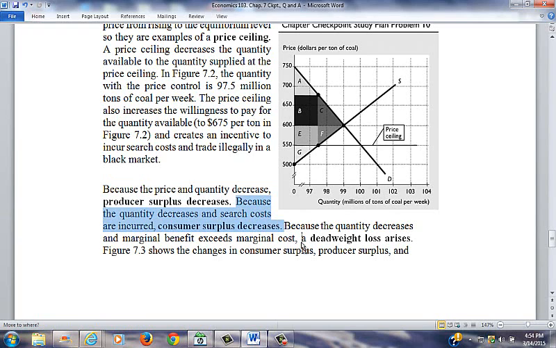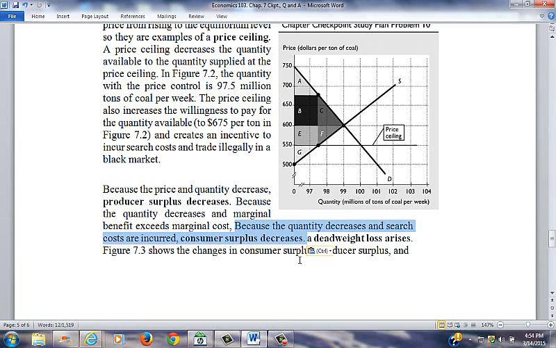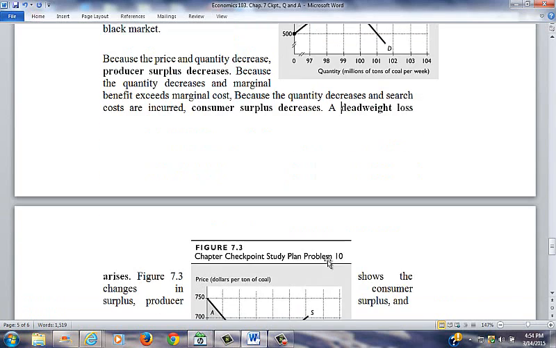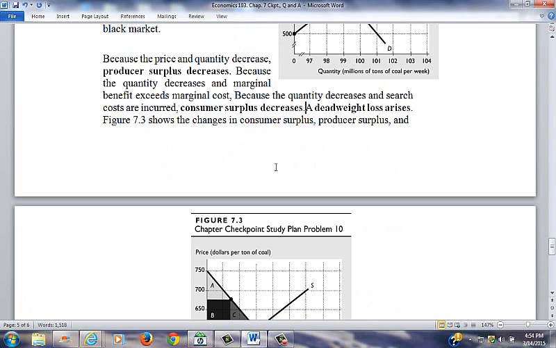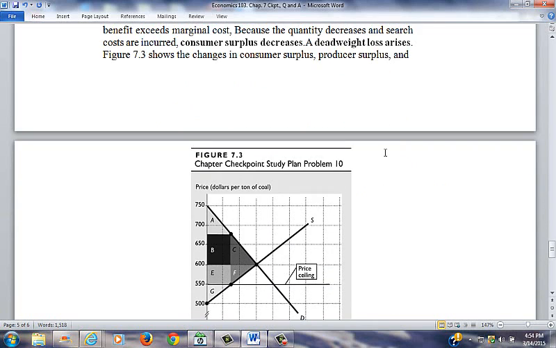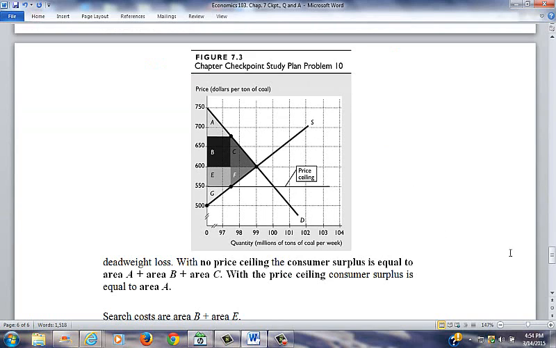And because the quantity decreases, a deadweight loss arises. Figure 7.3, reproduced again down here, shows the changes in consumer surplus, producer surplus, and deadweight loss.